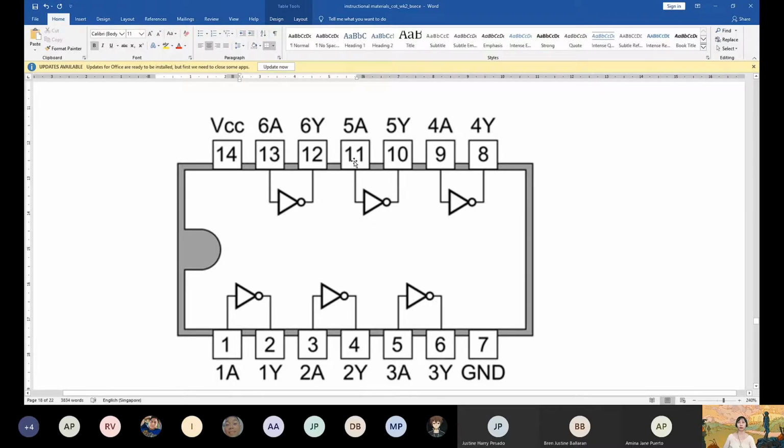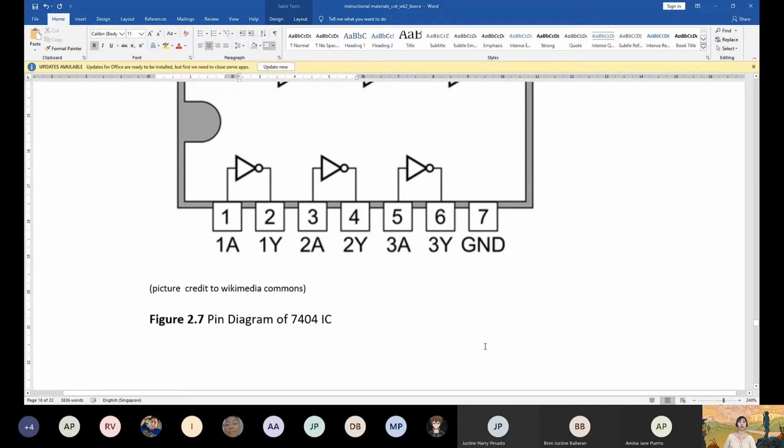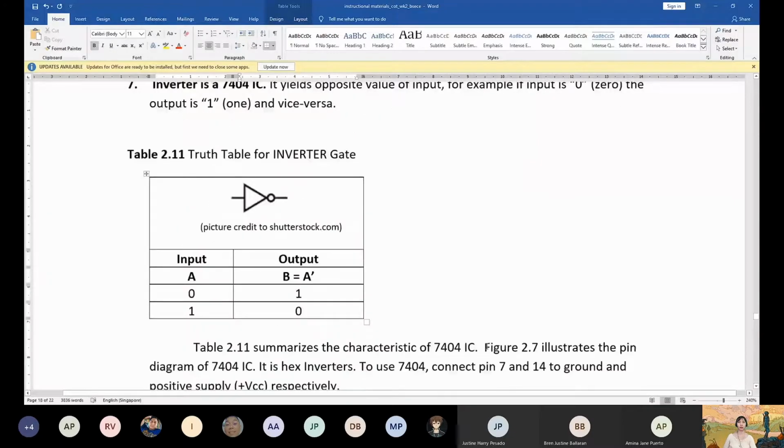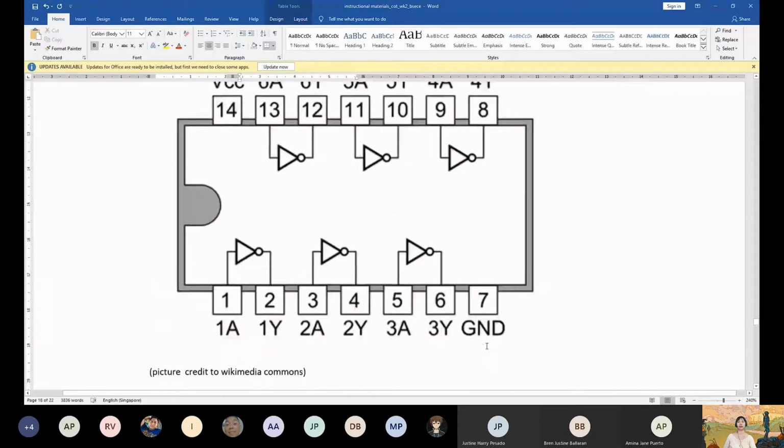Inverter 5 has 11 as input, 10 output, and gate 6 has pin 13 as input and pin 12 as output. Again, 14 and 7, you supply with positive supply and ground.